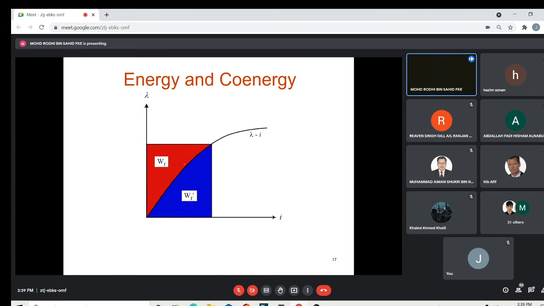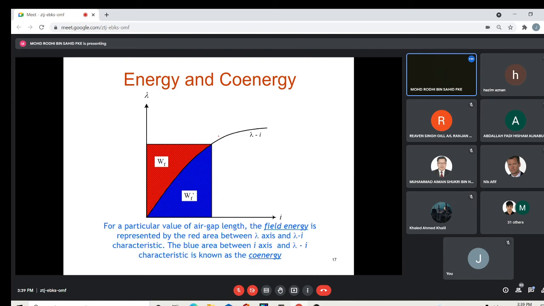So based on the BH curve, I can say that for a particular value of air gap length, the field energy is represented by the red area, between the lambda axis and the lambda-I characteristic.